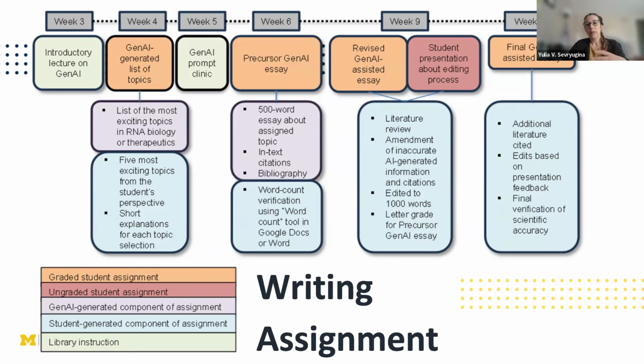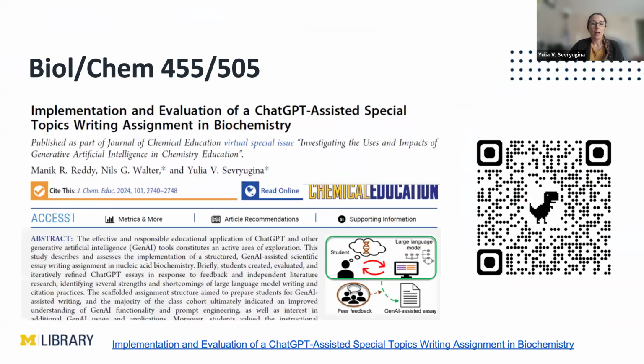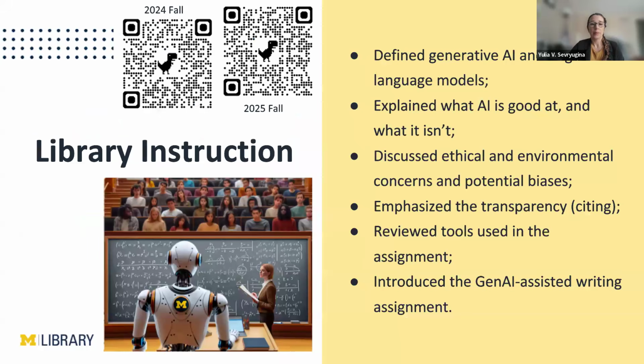And then we still give them an additional 3 weeks when they can reflect on this feedback, complement the essay, and arrive at the final document that they submit for grading. Details of this assignment we actually were able to publish in the Journal of Chemical Education, and you are welcome to look into this article for more details.